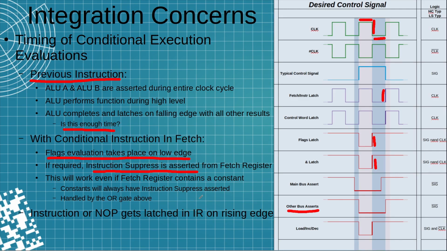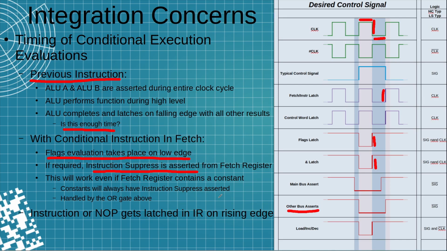So let's assume for a moment I'm moving a constant into register R1. And moreover, that constant happens to be a value such that it looks like it should be a conditioned instruction. But it's really not, it's just a constant value. Well, I'm going to be okay there because the constant is never actually going to make it up into the instruction register. The instruction itself is such that it's going to suppress the movement of that constant into the instruction register and replace it with a no-op.